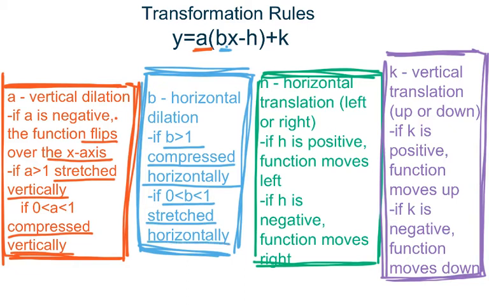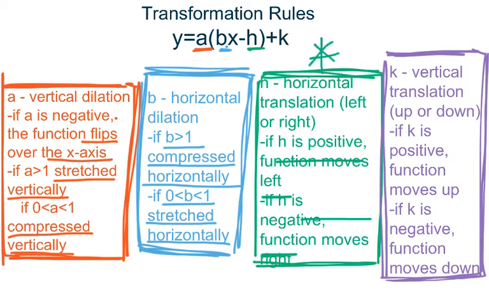Okay, so right after the x, if there is a number inside a parenthesis or inside a square root function or inside absolute value, if it's inside but it's after x, here's what can happen. If that number is positive, it's going to move the function to the left. If that number is negative, it's going to move it to the right.